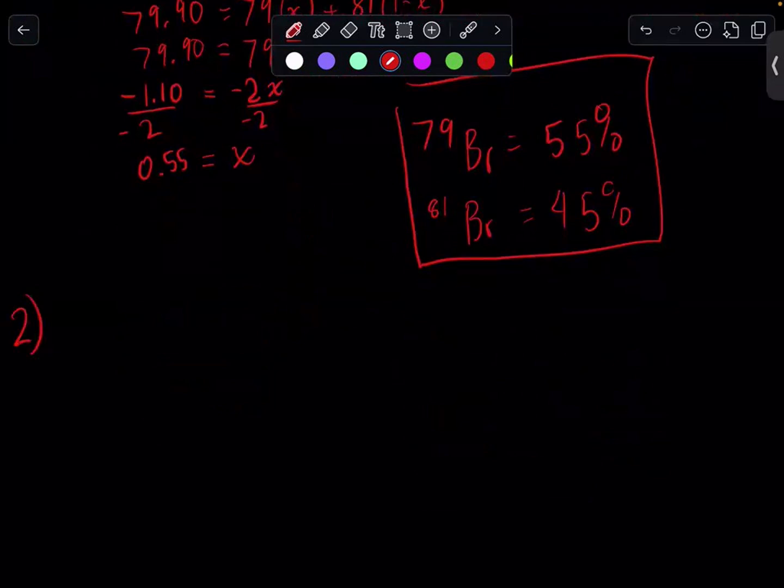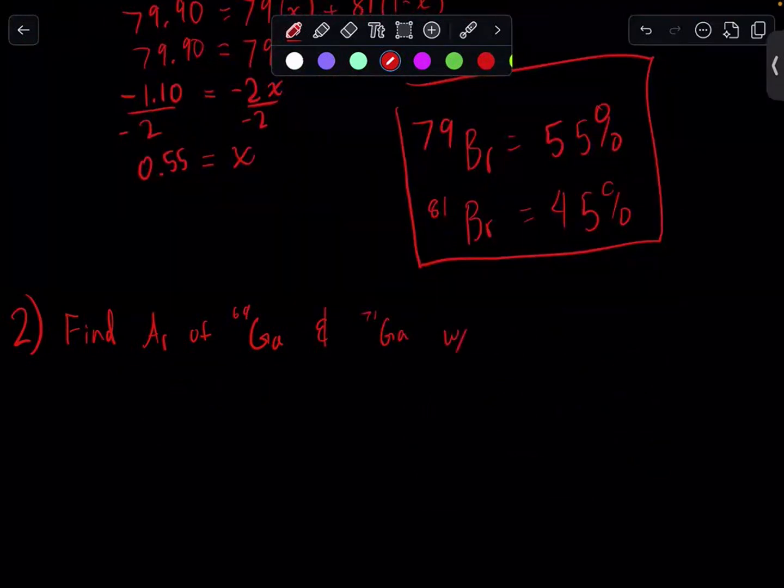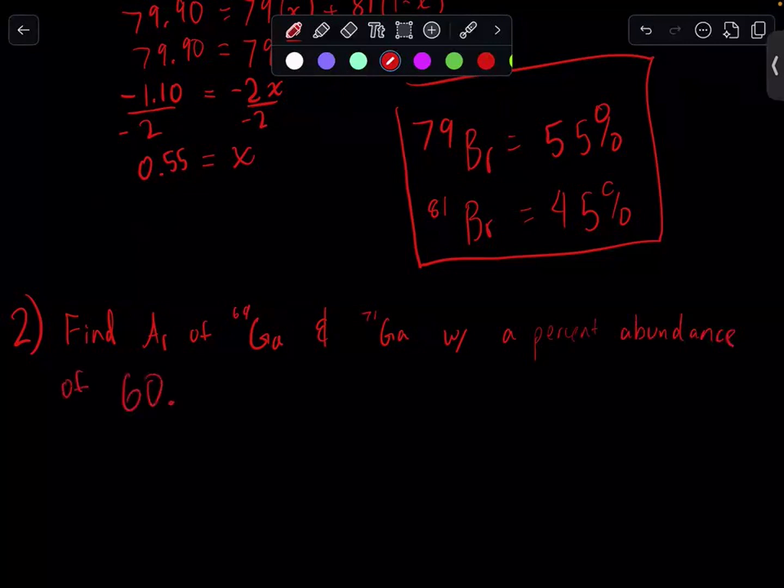Question 2. We're going to now find the relative atomic mass of gallium, which has an isotope 69, and gallium 71 with a percent abundance of 60.10% and 39.90% respectively.